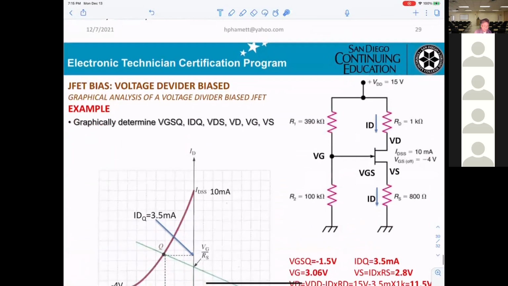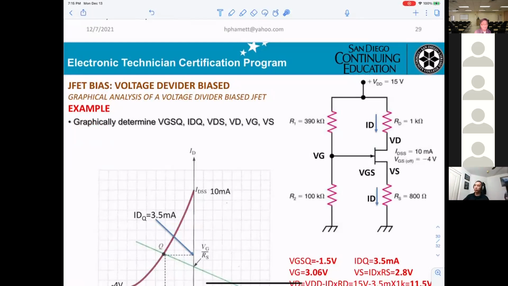Okay, and after we know how to calculate the DC bias, then we will go into the amplifier. Also, they have three configurations: common source, common gate, common drain. Exactly the same as in bipolar: CE amplifier, CB amplifier, CC amplifier. Okay?